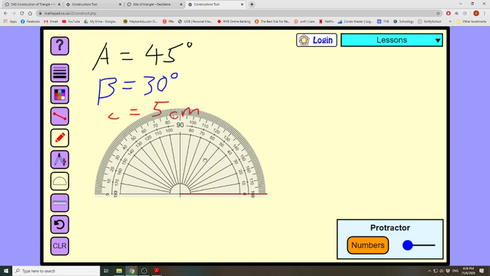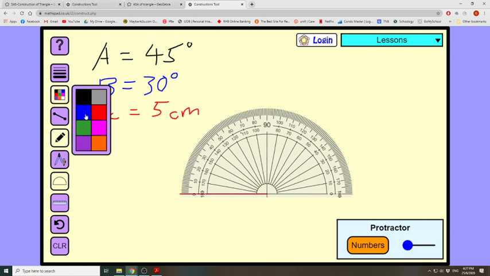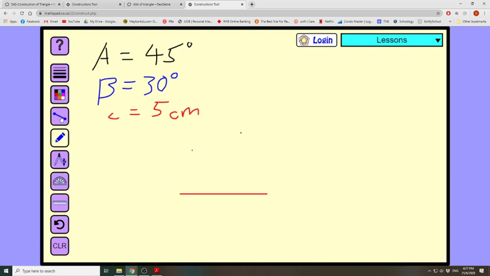Next I want to do 45 degrees first. So I need to mark 45 degrees, which is over here. And then next I want to mark 30 degrees, which is about here. So all I need to do is combine this to this, and here to here.